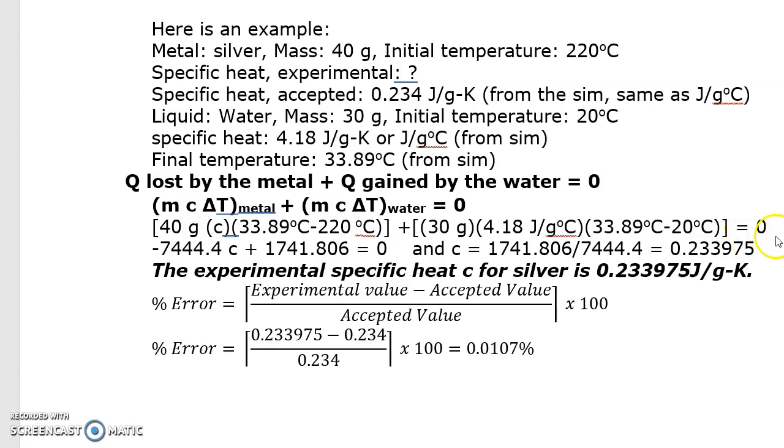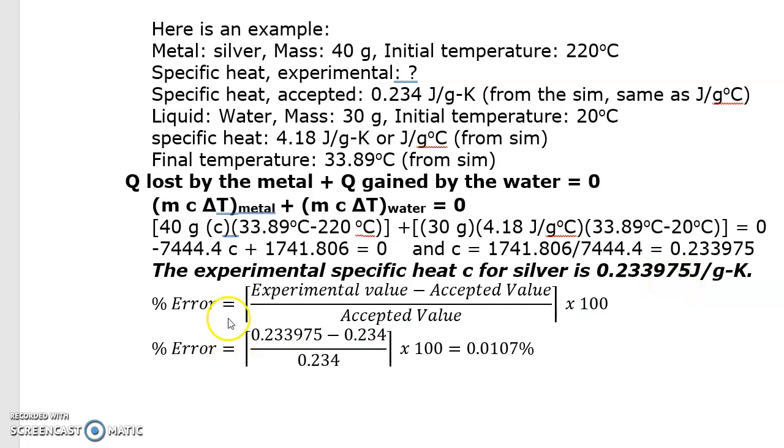That's equal to 0. Here we can then calculate for C, and it ends up as 0.233975. This is our experimental value for the specific heat of silver.